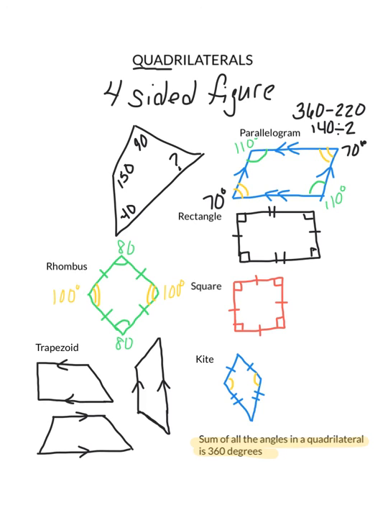Well, I would add those three together. So 150 plus 40 is 190, plus 90 is 280, and then I would take 360 and I would subtract 280, use my calculator if need be, and I get 80 degrees. So our missing angle would be 80 degrees.